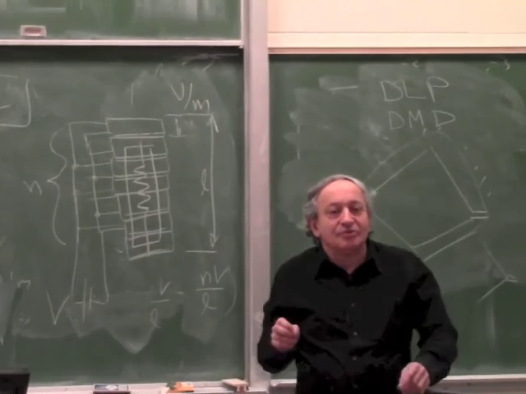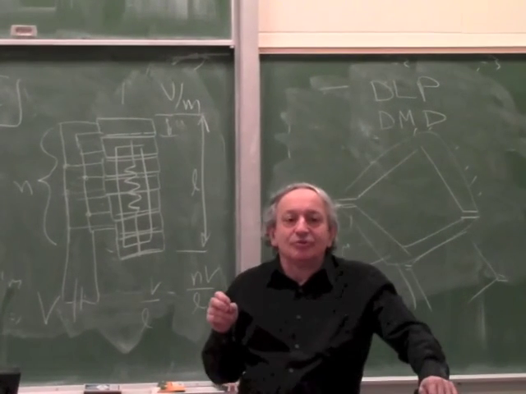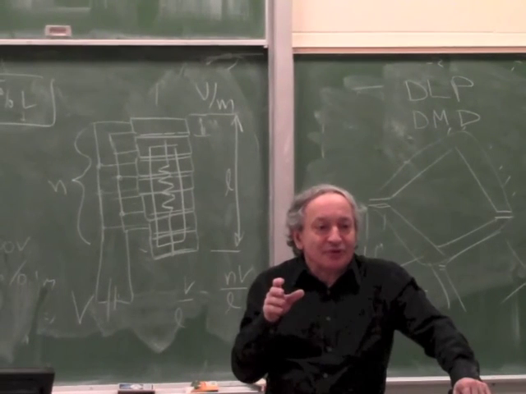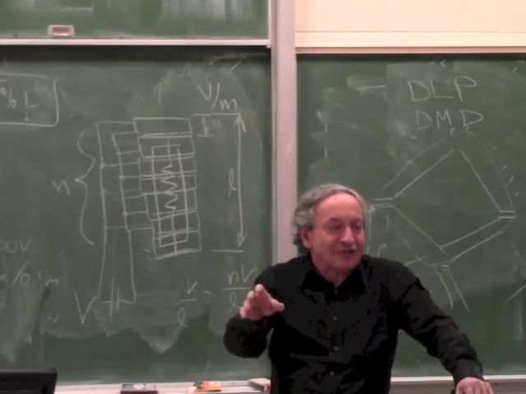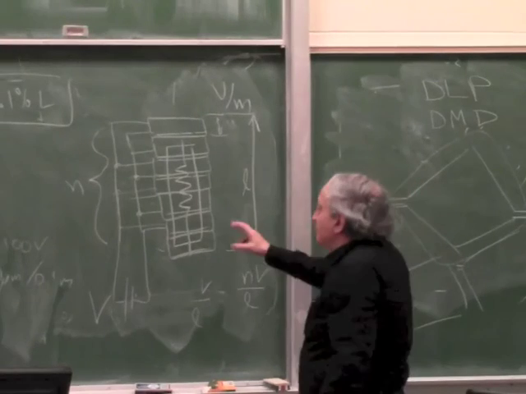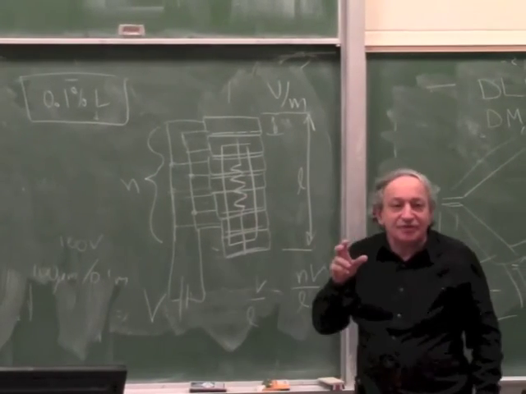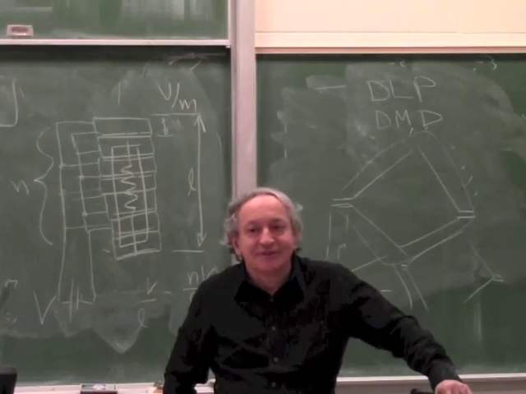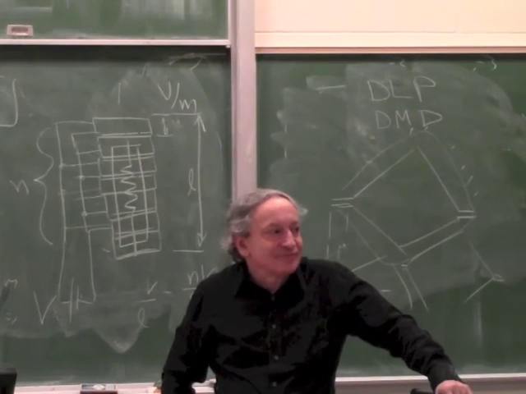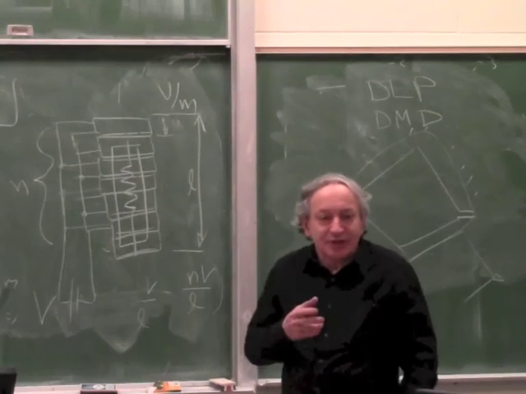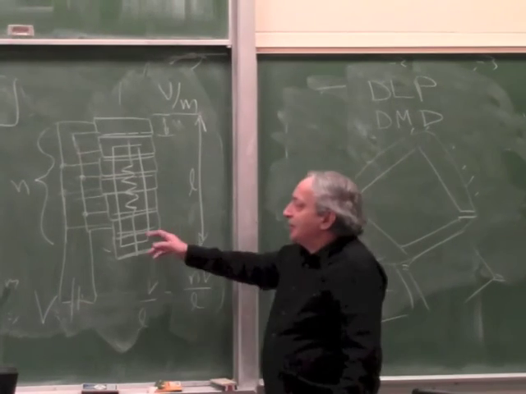So when you want the stack to move 55 micron, you don't give it 55 volts and say move 55 micron, because of hysteresis. You give it a voltage and watch at the strain gauge how much it moves and close the loop to force it to move 55 micron. Okay, so the commercial piezo actuators, the ones which are accurate, have a built-in strain gauge to close the loop.